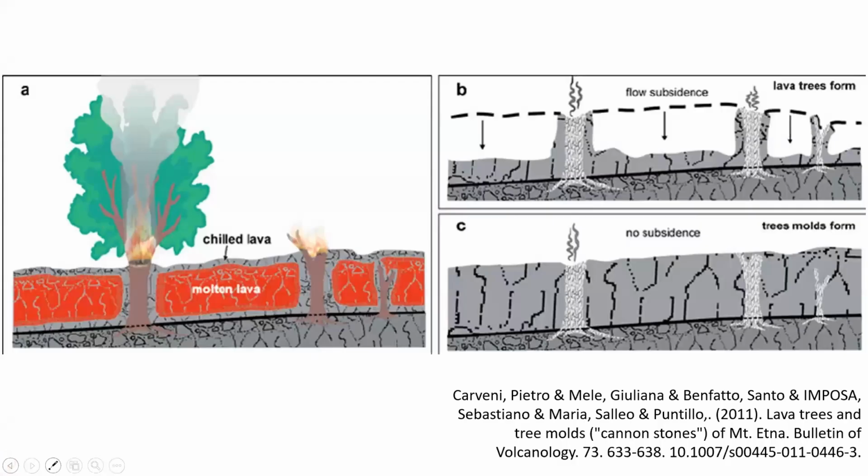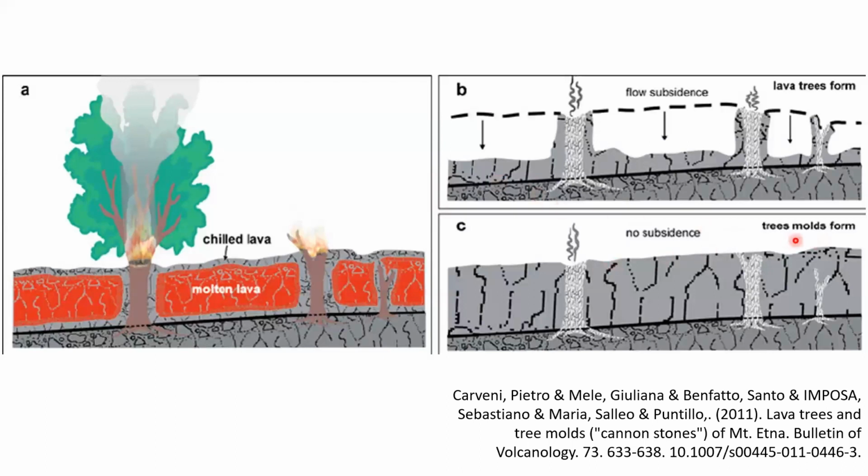Let's see if I can get it to back up. There we go. So the original formation, step one, is the same for both. The only difference is that in step two for the lava trees, the lava recedes before it solidifies, and so the part you see is just what was wrapped around the trunk.